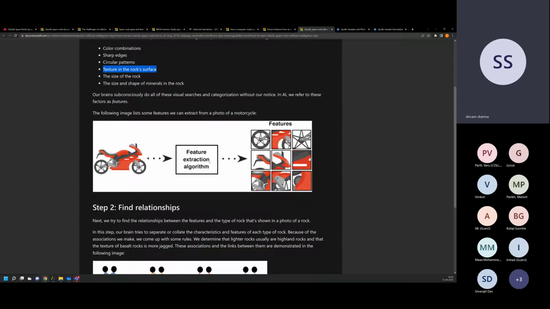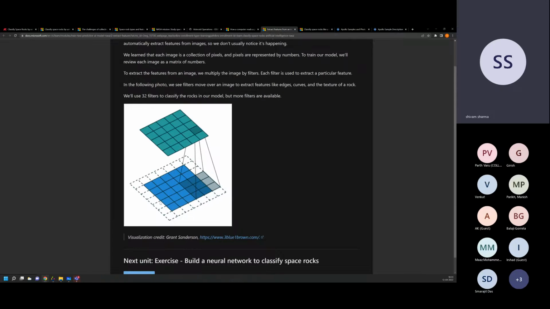In terms of a sport bike, maybe we will look at the wheel structure, the pattern in the spokes, the height of the back seat, or the engine, and whether the engine has a cover on top of it or not, and so on. These are the things you can do to extract the features from the input image. Similarly, the algorithms we have move these kernels on top of the input images and the intermediate feature maps to extract the features, and then we do the classification on top of it.